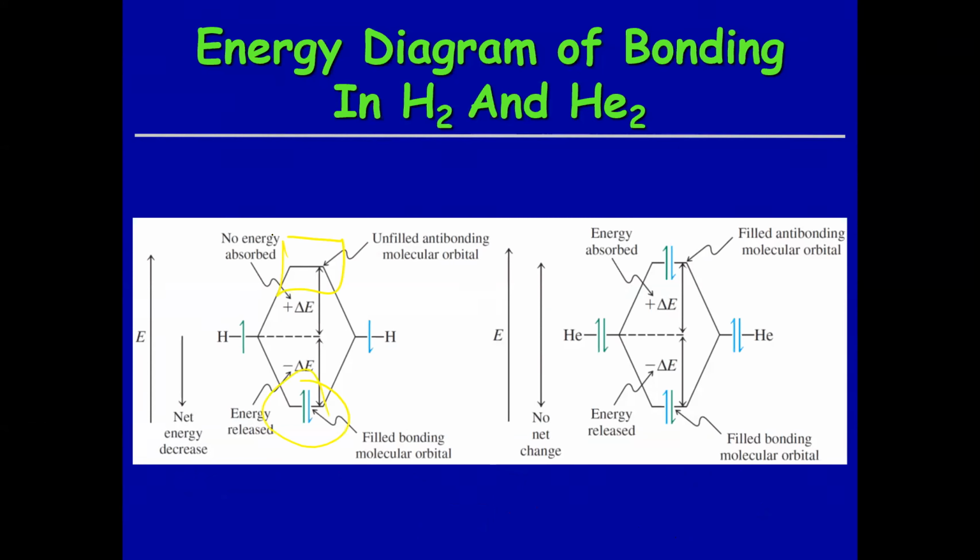On the other hand, if you have something like He2, you have filled the bonding orbital, which we are happy to do. But you have also ended up filling the antibonding orbital. And at this point, you have an unstable compound, an unstable molecule. And therefore, that does not happen.